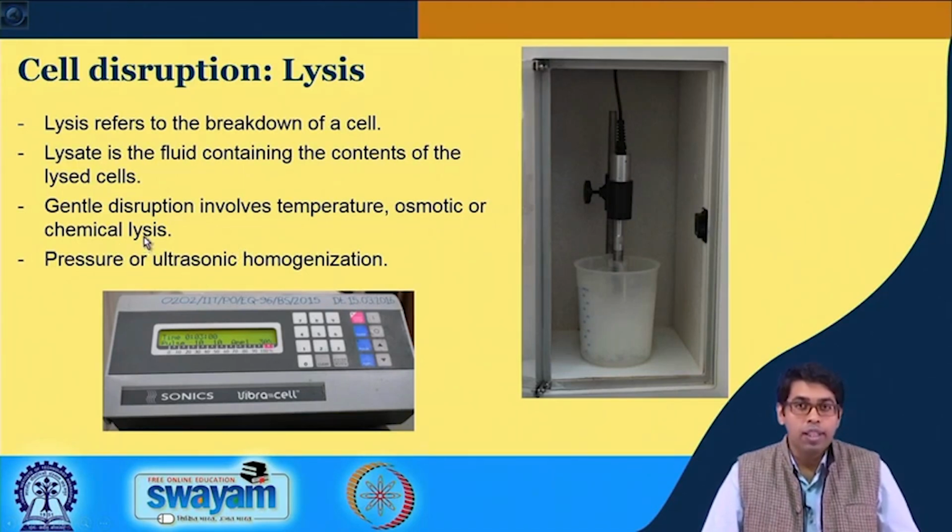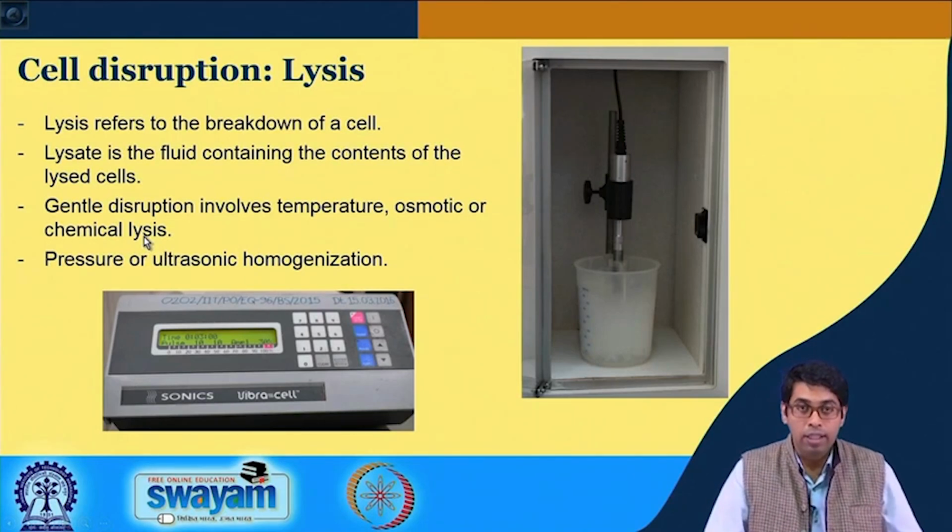For chemical lysis, we add an enzyme called lysozyme, which is found in tears of our eye. This enzyme breaks down the peptidoglycan layer of a bacteria, which weakens its cell wall and makes it prone to rupture.